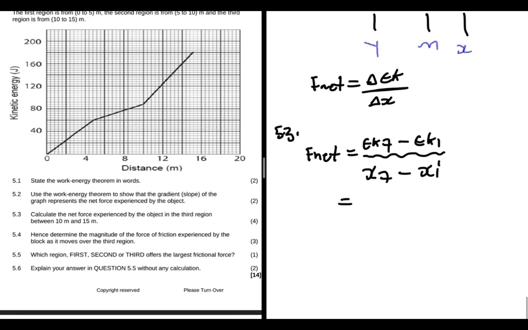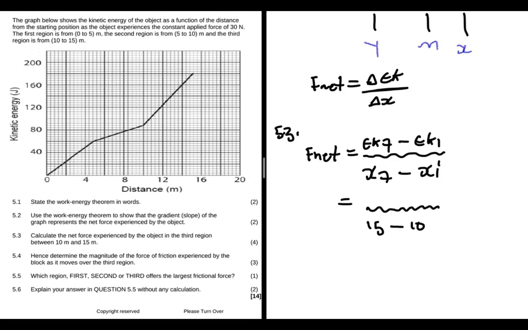We want the net force between the region 10 to 15, so for x we have 15 minus 10, because 10 is our initial.